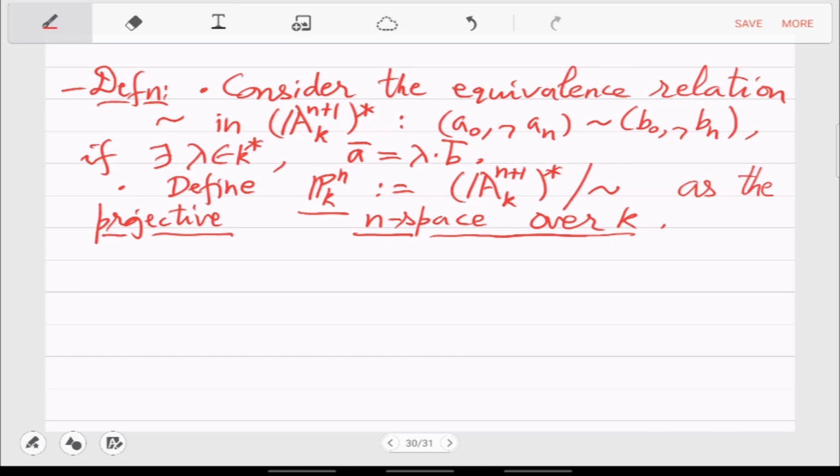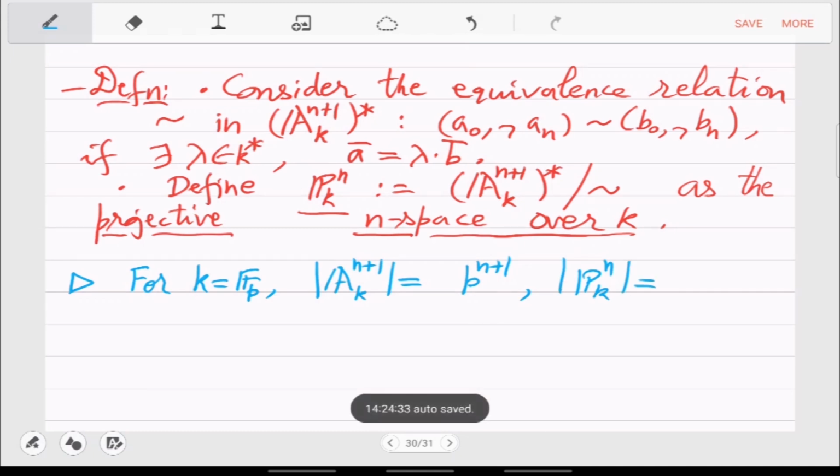So of course you can count here. For k equal to Fp, the affine space had how many points? P raised to n plus 1. Right, and the projective space will have, so you have to remove the 0 from there, so P raised to n plus 1 minus 1, but amongst these points not everything is distinct, right?